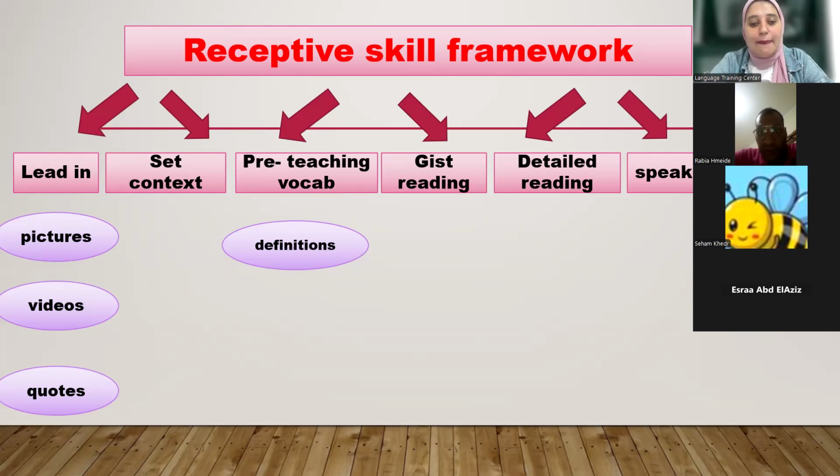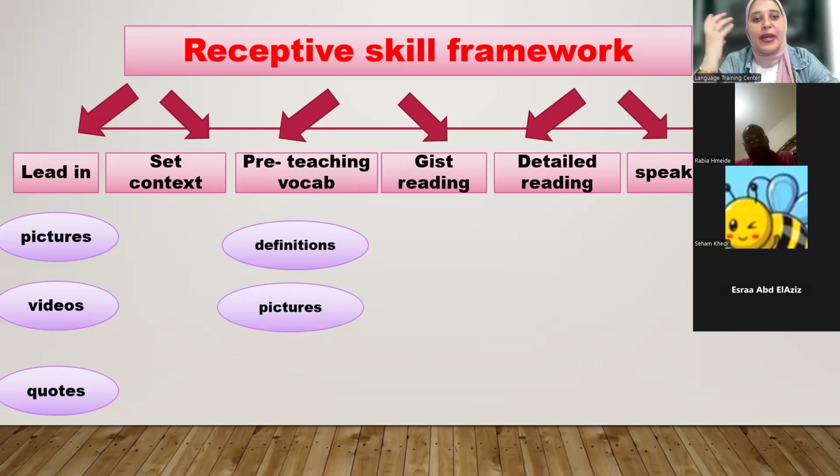So it's not a vocab lesson. Okay, so you can also provide some pictures and some words and they match. What about just reading?